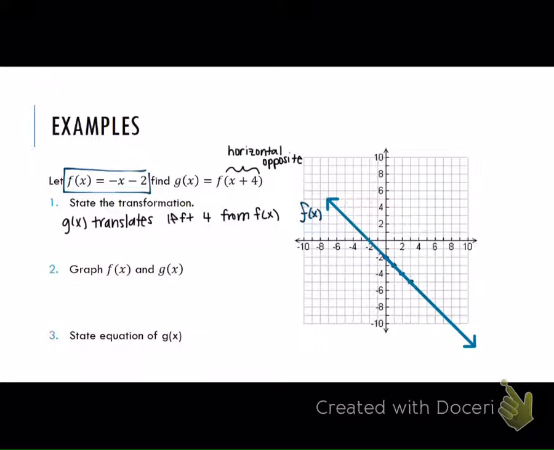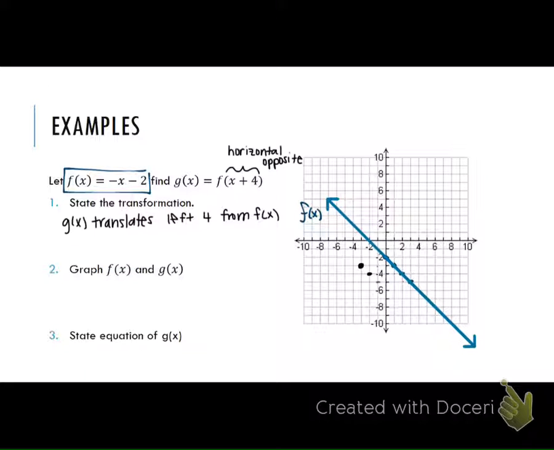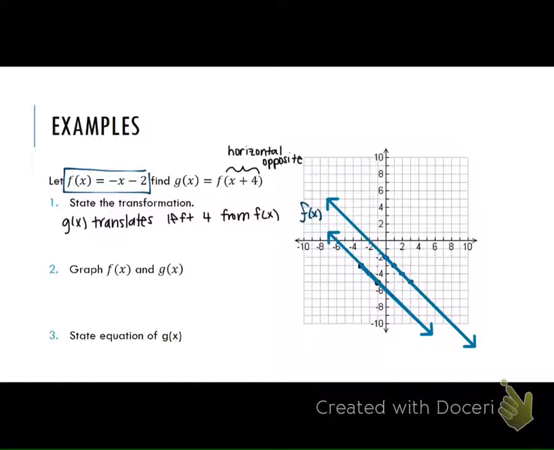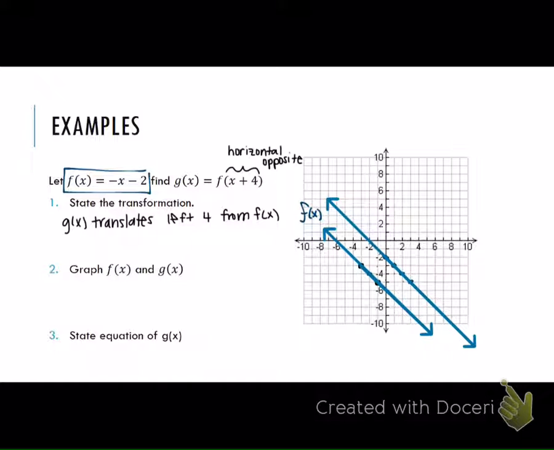So again, you're just shifting the points left 4. If anybody is confused by what I just did there, please raise your hand so I can help you. Let me know.